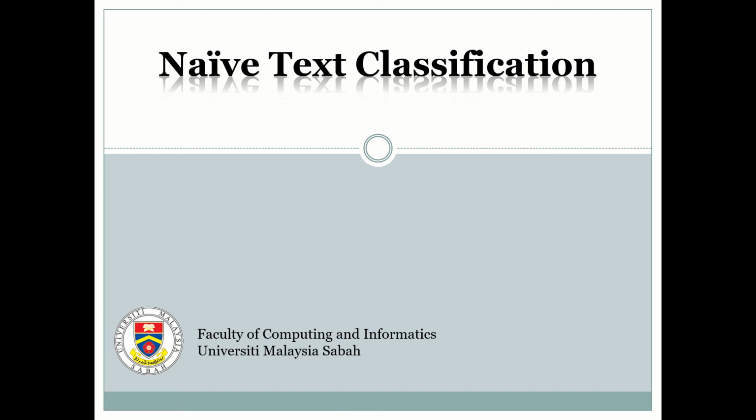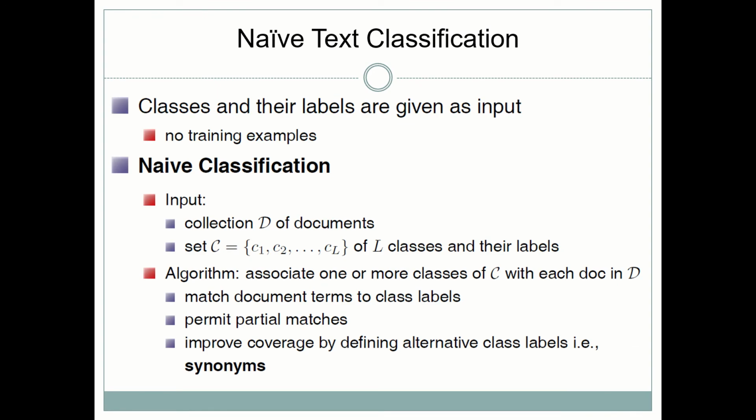Okay, the last session for this lecture is called Naive Text Classification. For naive text classification, all the classes and the labels are given as input. So there is no training example.